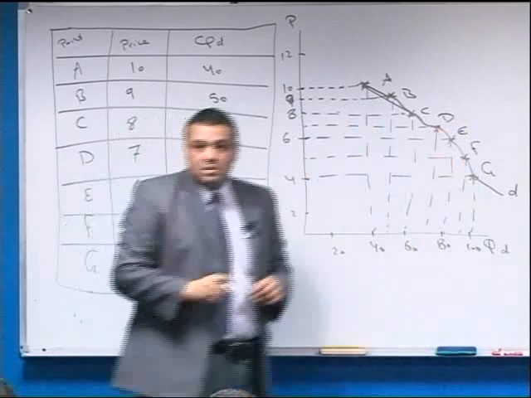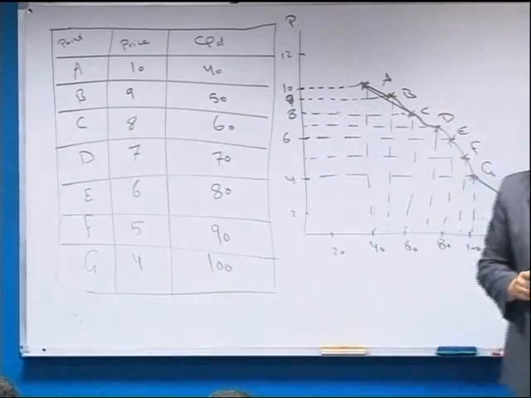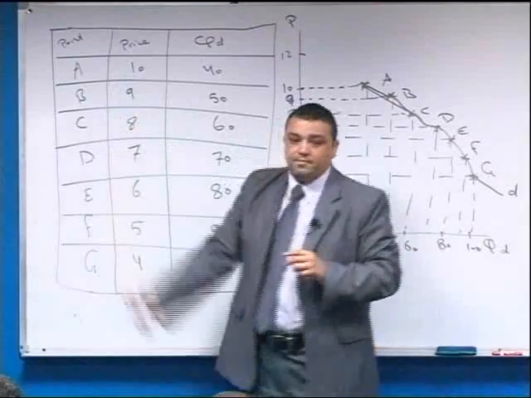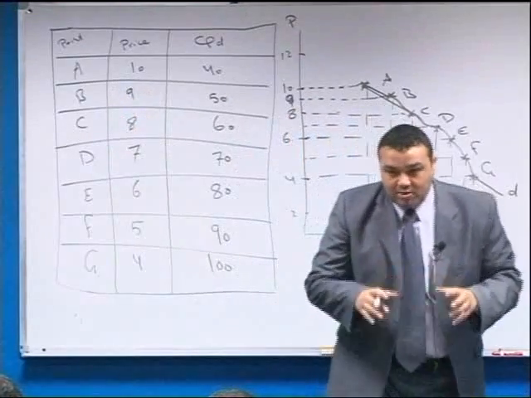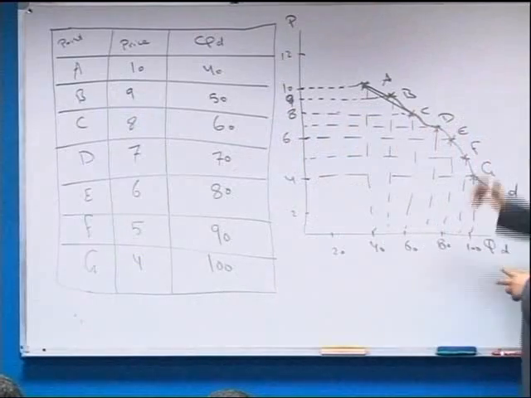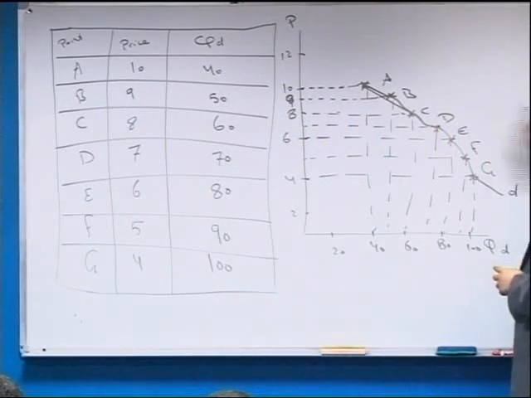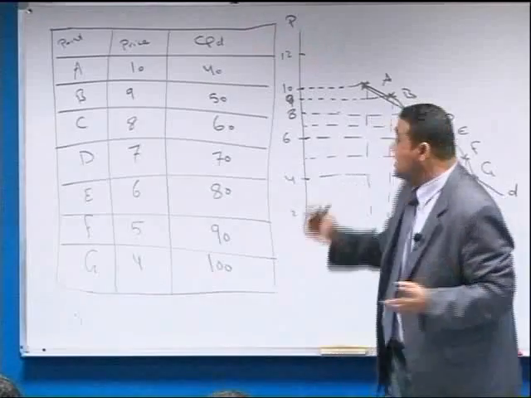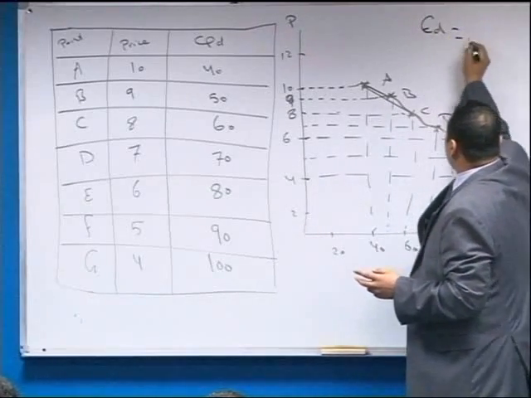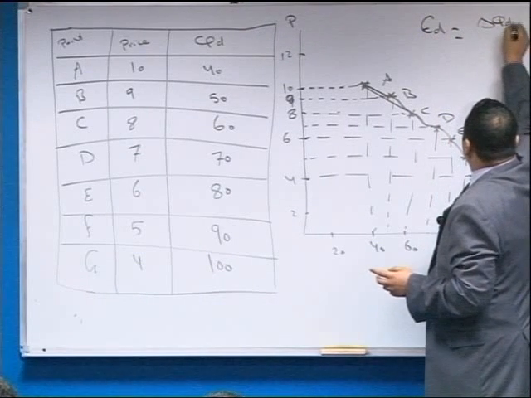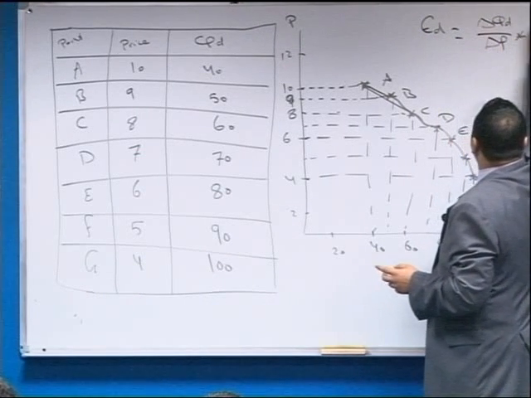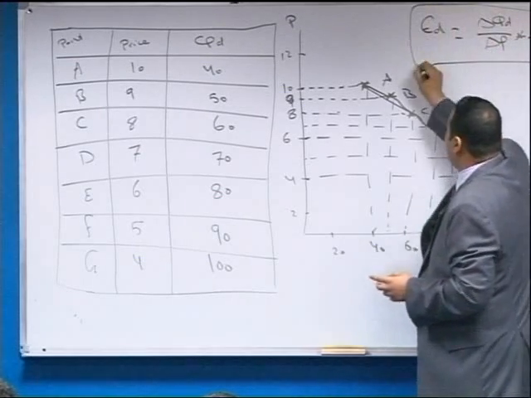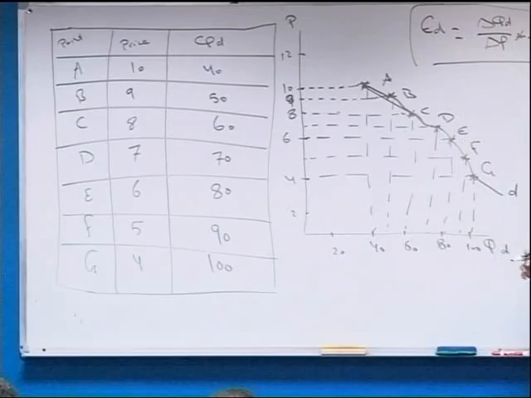Number 2 is calculate the price elasticity of demand from point A to point B. It's already calculated. As you know, the general formula to calculate the price elasticity of demand is ED equals delta QD over delta P times P1 over QD1.